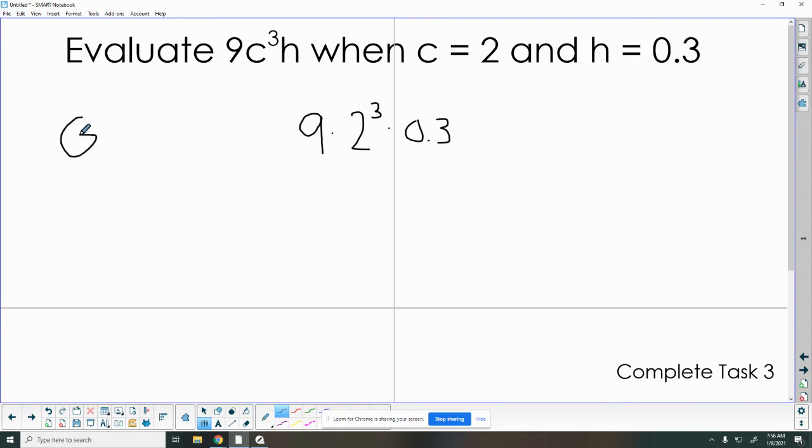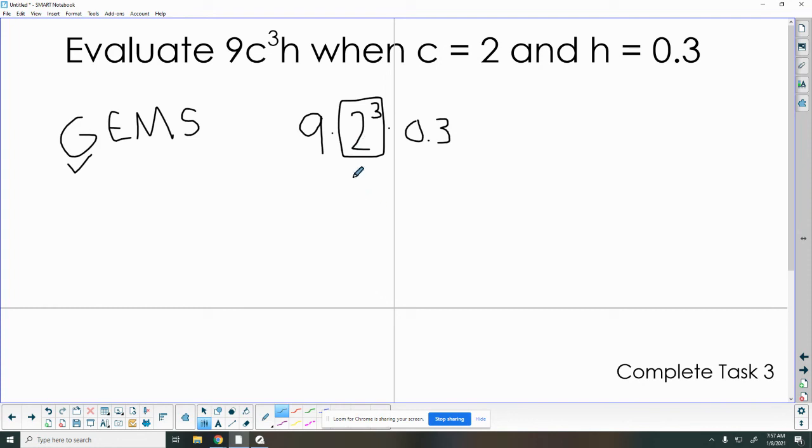So we need to follow our GEMS here. So every time you do a problem, write this down and go through it. So we don't have any groups, no parentheses. We do have an exponent here. It's helpful to write down, what does this mean? This is not 2 times 3. So see if you can write down what 2 to the third looks like.